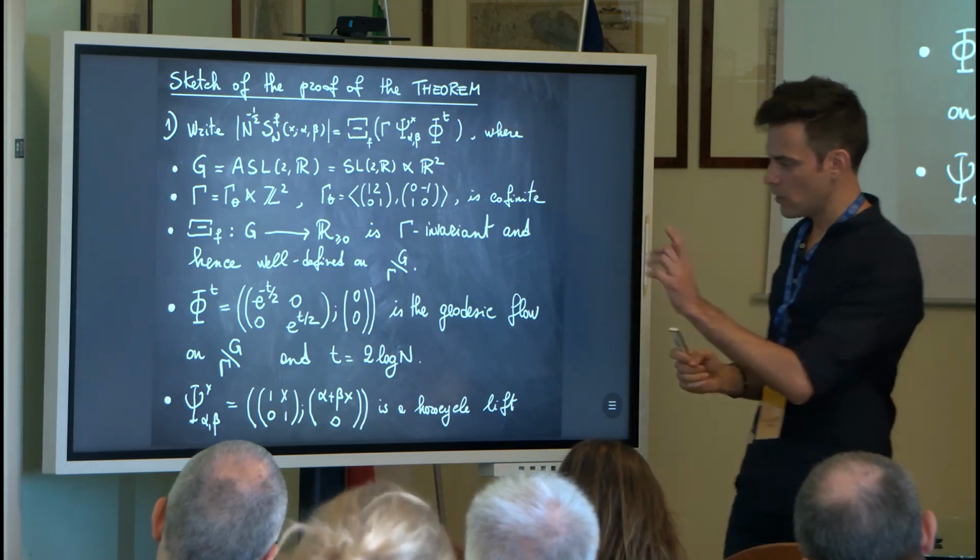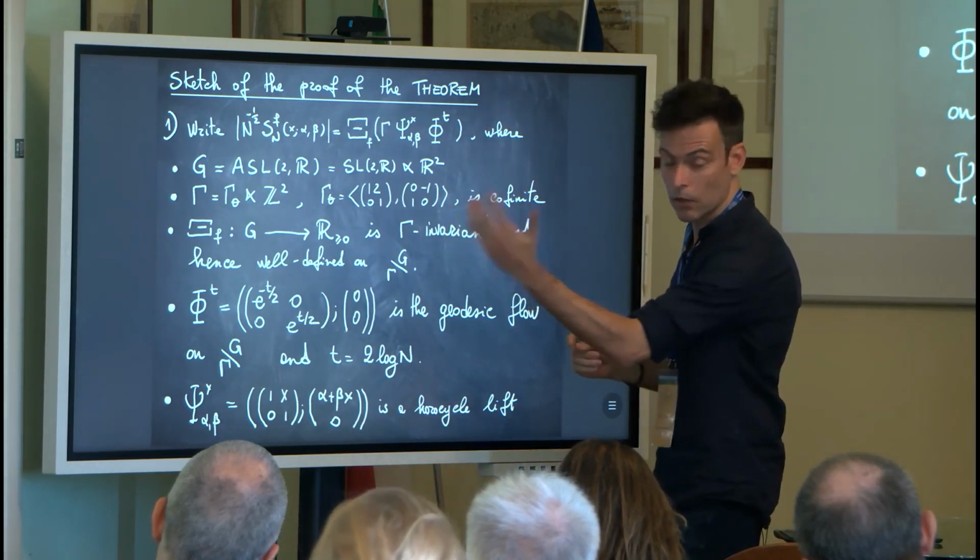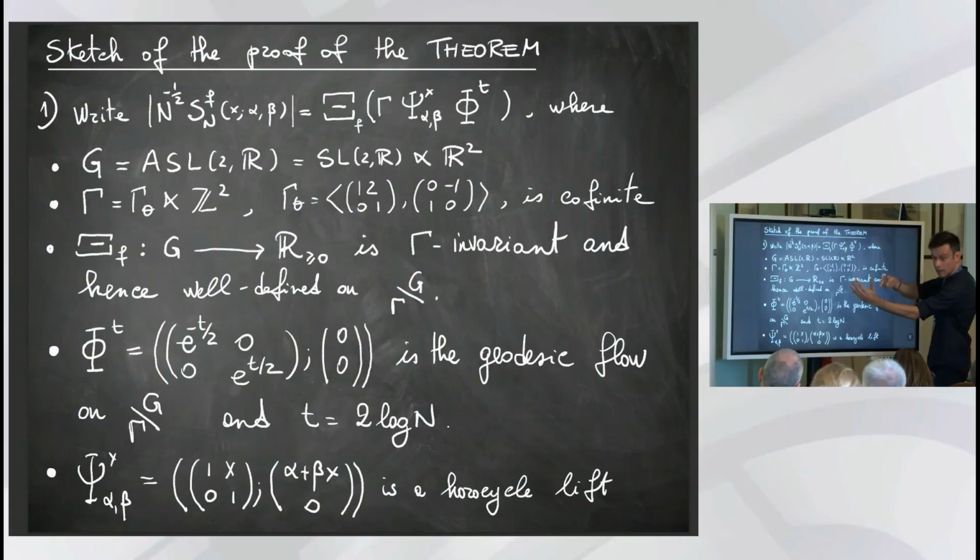I should mention that we're taking quotients on the left, and so our action is from the right. So we're taking the horocycle and acting on it by the geodesic. As t gets larger, as n gets larger, these horocycles will get longer and longer, because these are the unstable horocycle.